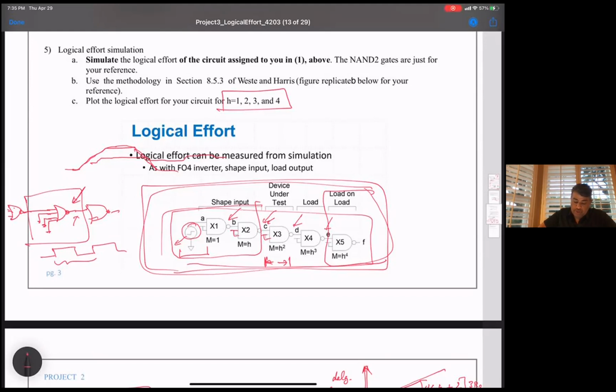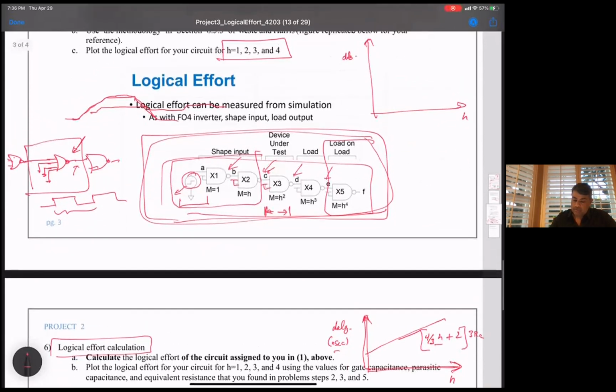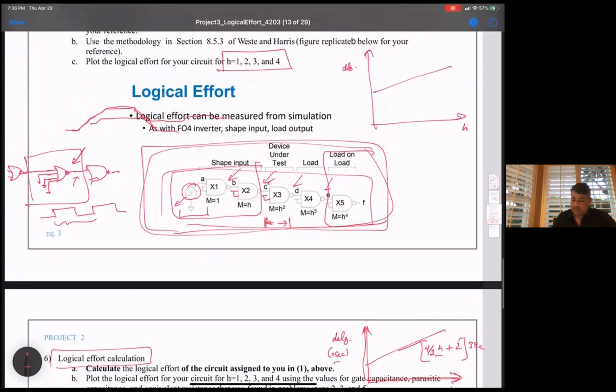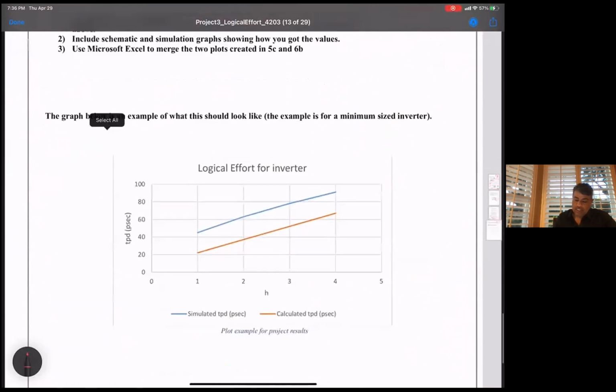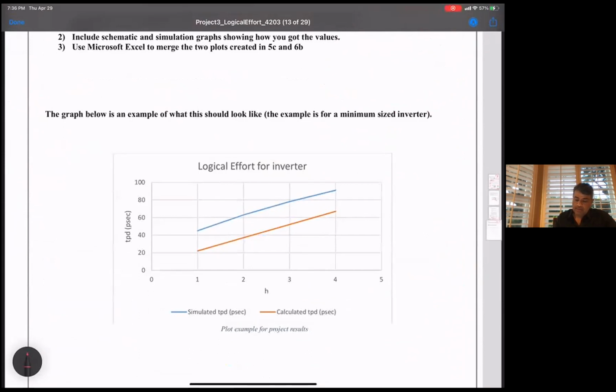basically you put your device there, you get your own curve from the simulation of different H values versus delay, and it'll have its own slope. So you want to plot this one and this one on the same curve. I did that, being lazy, for a minimum size inverter, so I got some comparison between a simulated value and a calculated value.